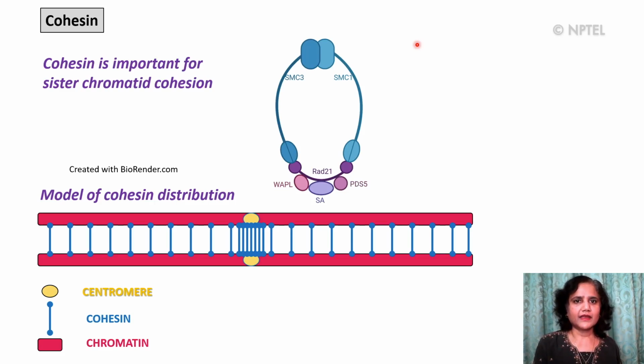You can see in this cohesin distribution map that there is more binding of cohesin near the centromere, and that may explain the close pairing that is observed in this region.